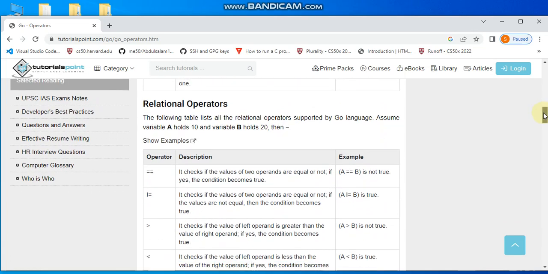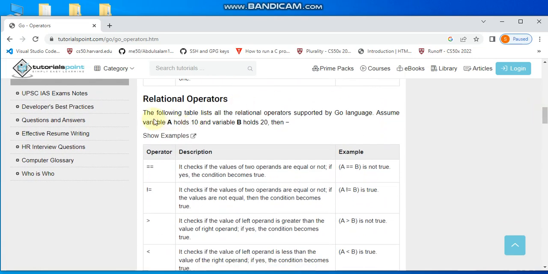Now relational operators. Relational operators are checking one value against the other. It checks if the values of two operands are equal or not, with this equal sign. A single equal sign is used in assigning a value to a variable.